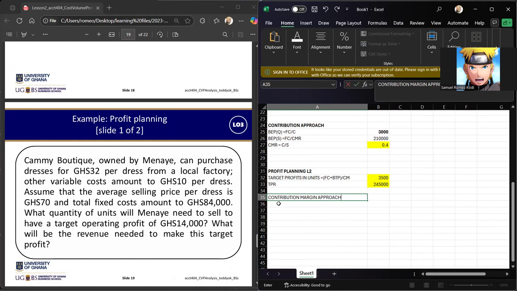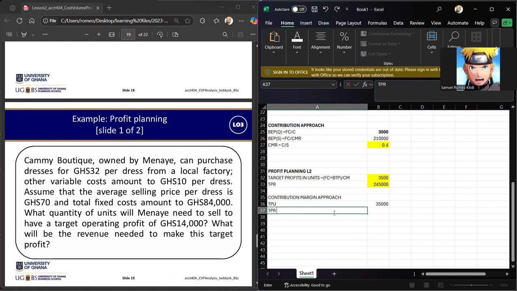Okay. So with that one, our targeted profit in units is the same. It's always the same. That was 85,000. Then it changes when it gets to the revenue part. So targeted profit in revenue equals what?